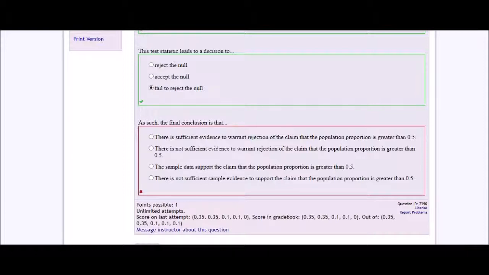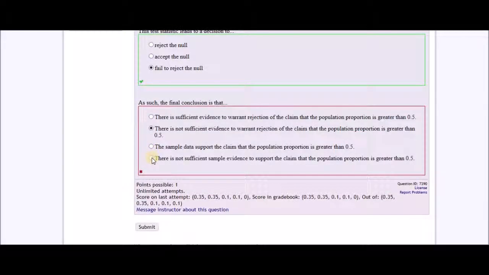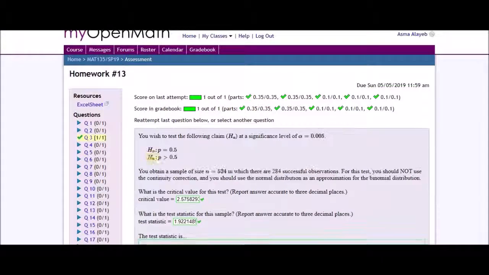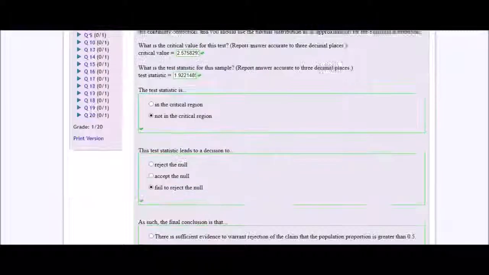There is not sufficient evidence to support the claim that the population proportion is greater than 50%. So which one is correct? There is not sufficient evidence to warrant rejection, or there is not sufficient evidence to support the claim. So I'm going to say there is not sufficient evidence to support the claim that the population proportion is greater than 50%. And that is the right answer.